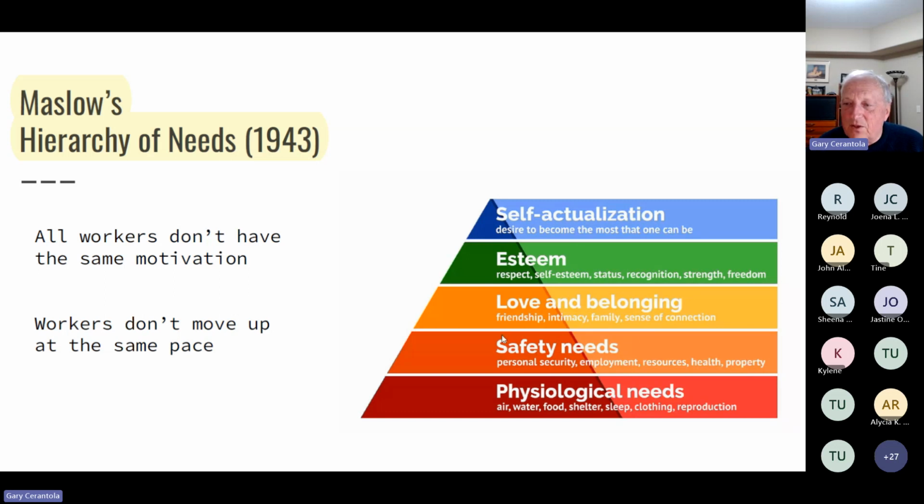And then if you're not confident in yourself, how can you get to the next level, of love and belonging? The person that wrote The 7 Habits of Highly Effective People, right?